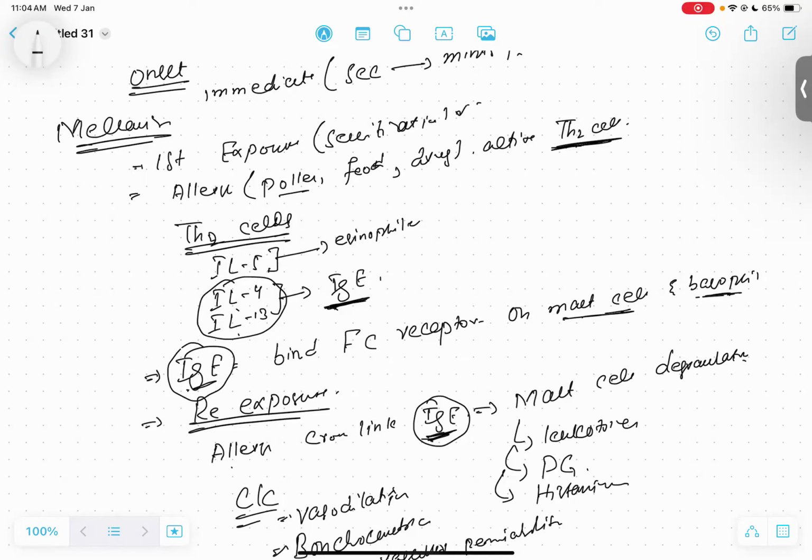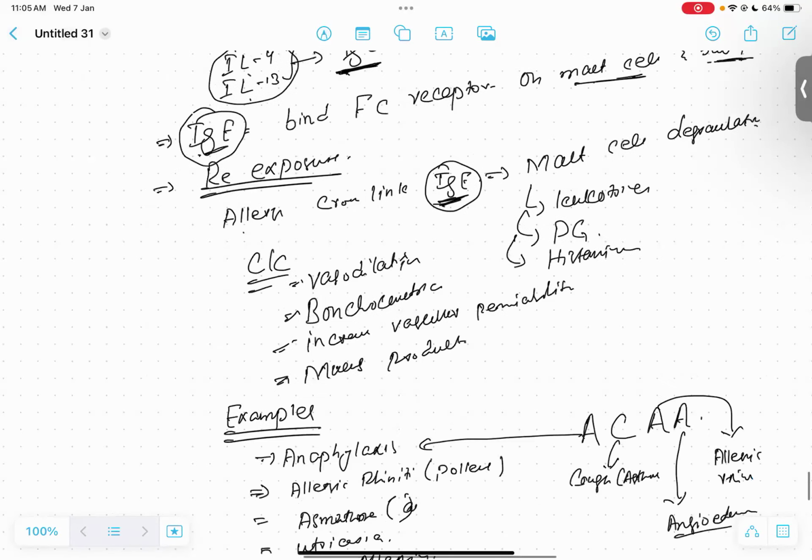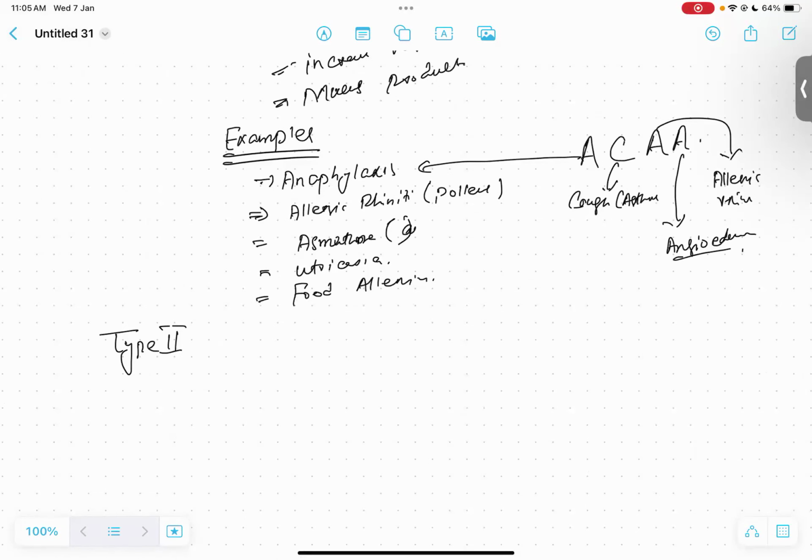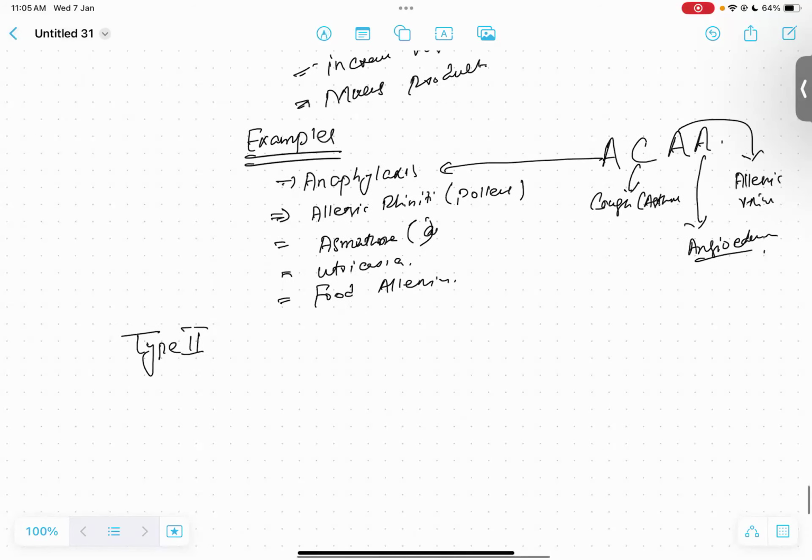Okay, got it. Is it clear now? Yeah, thank you. Welcome. So these are the two steps of type 1 hypersensitivity reactions, and the examples are also important, you should remember them as well.